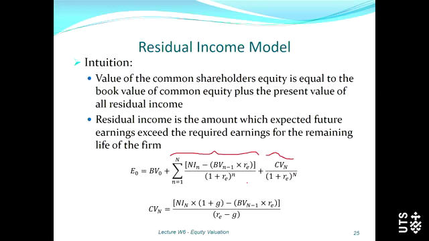And what we are doing in each period is we are subtracting something that is the product of two things. The book value last year and the expected rate of return. So what we are saying there is, let's assume book value is always 100, right? And the expected rate of return is 12%.